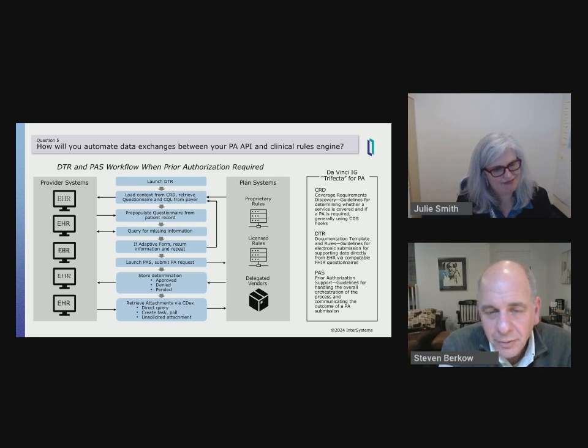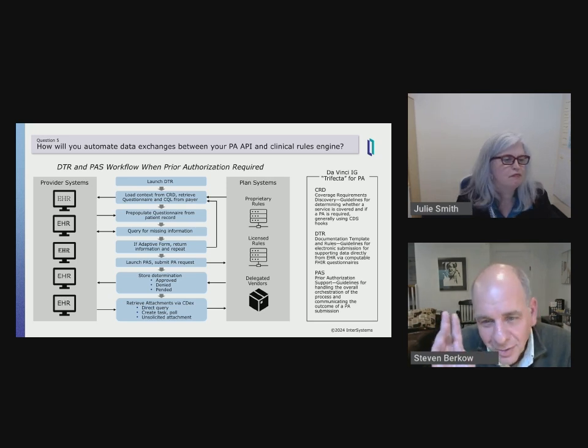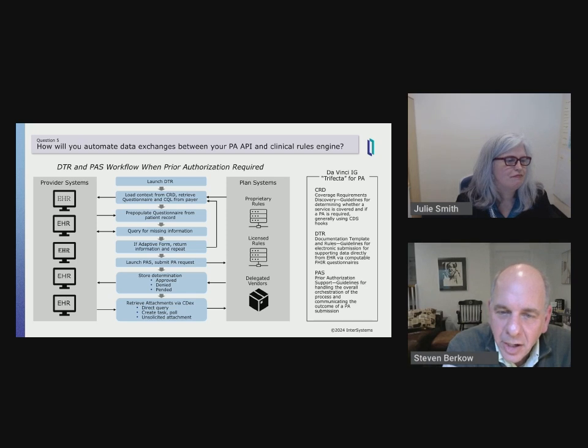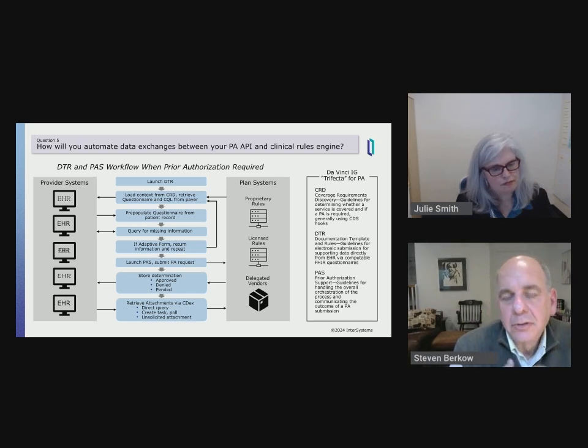If you're unfamiliar with that, there's something known as the Da Vinci IG, informally the trifecta for PA, and I call that out on the right. The DTR and the PAS IGs explain how this should flow once the determination has already been made that a prior authorization is required for this service or procedure.